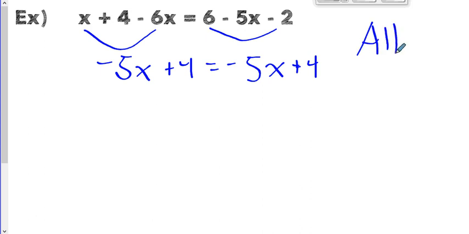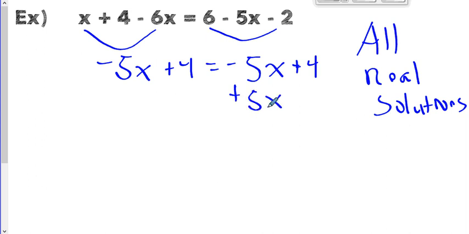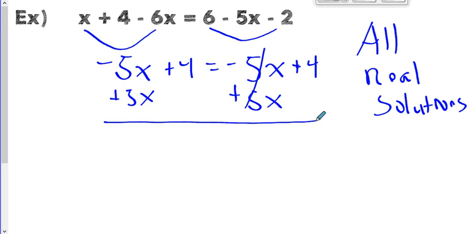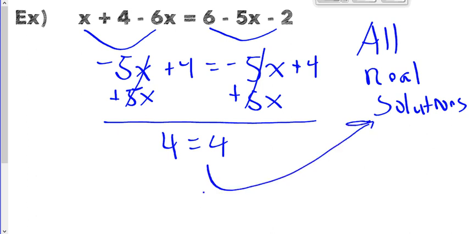This is another all real solutions. Sorry for my writing, but if I want to go a step further and prove it even more, maybe I choose to get my 5x's on the same side. So opposites cancel, also opposites cancel as well. Now I'm at 4 equals 4. Well, again, I see 4 is the exact same thing as 4.